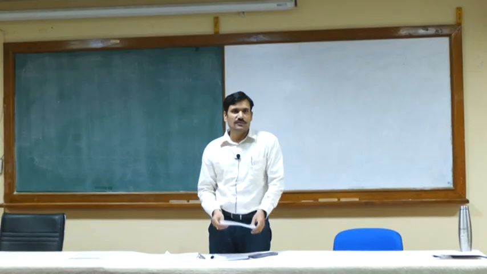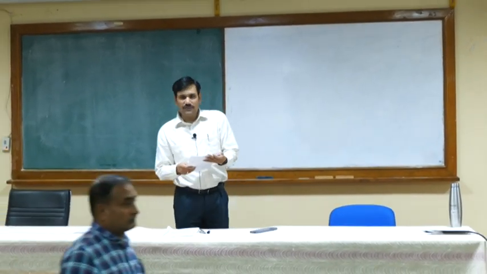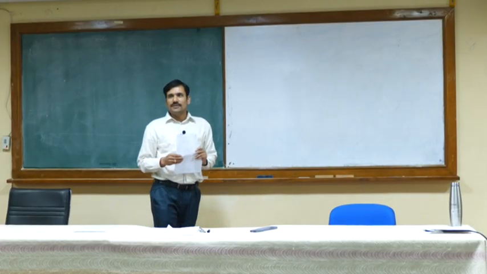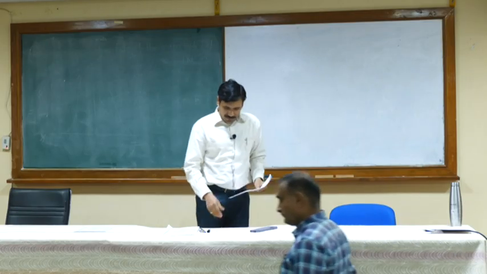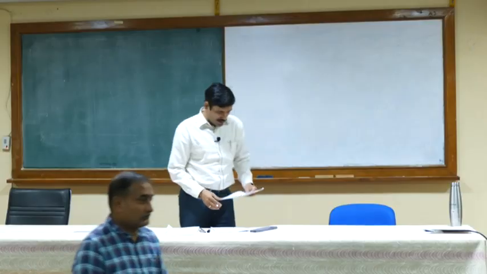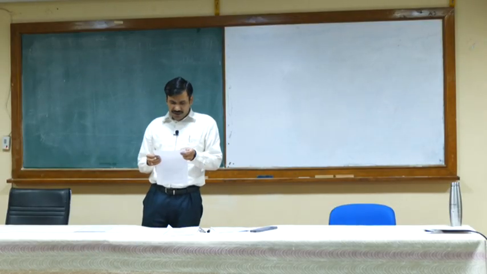Tutorial questions. Okay. So yesterday we did question number 1 and the proof for the bit error rate when the channel H is fixed. Okay. So in the second question, I am reading the question first.